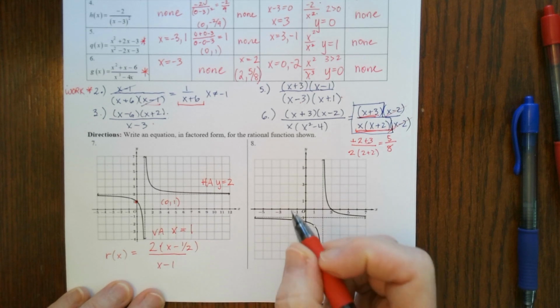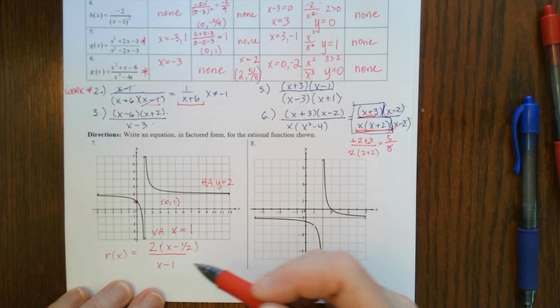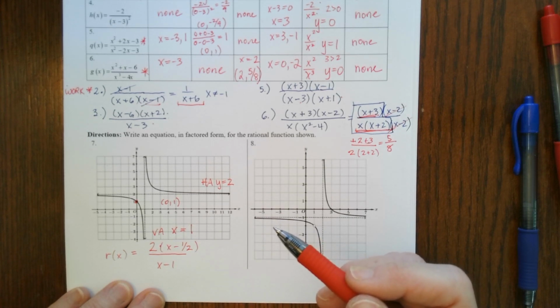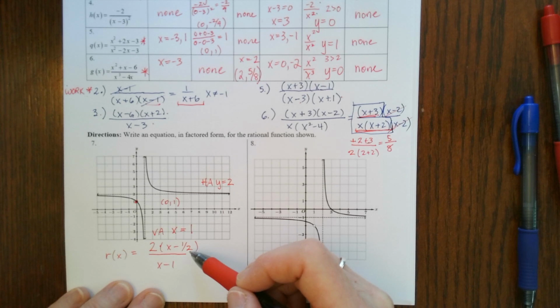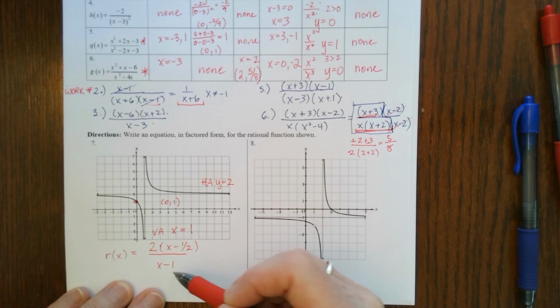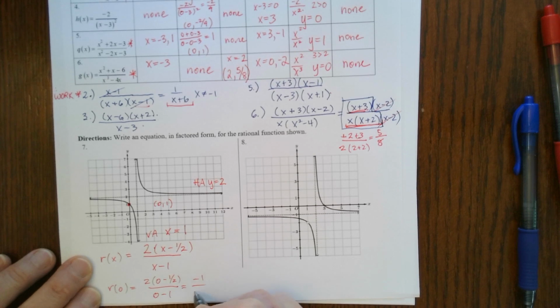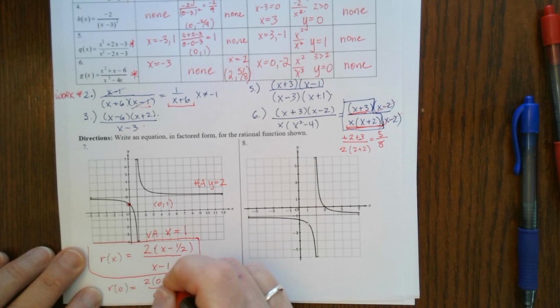Does that give us our y-intercept? When x is 0, we're going to have minus 1 in the top and a minus 1 in the bottom. So r of 0 is equal to 2 times 0 minus a half divided by 0 minus 1, or minus 1 divided by minus 1, which is 1, so that checks. So that could be our rational function for that.